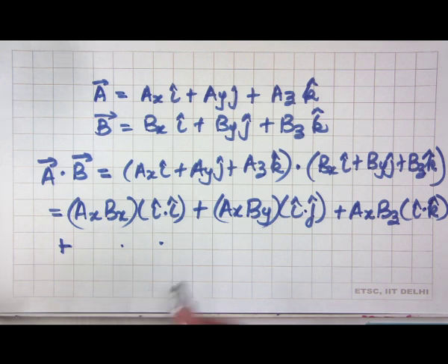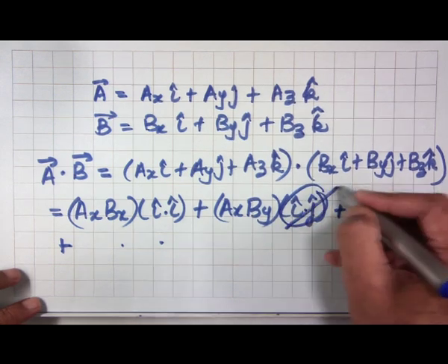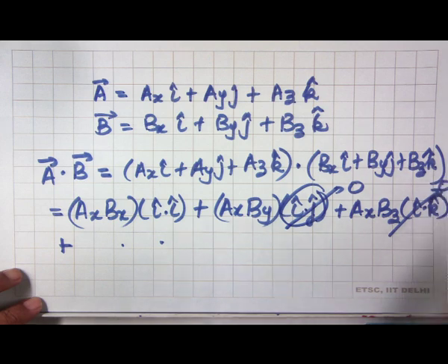In these 9 terms, i dot j will be 0. Similarly, i dot k will be 0.